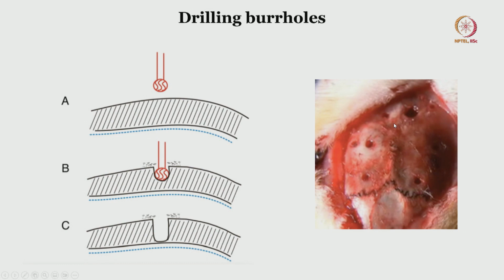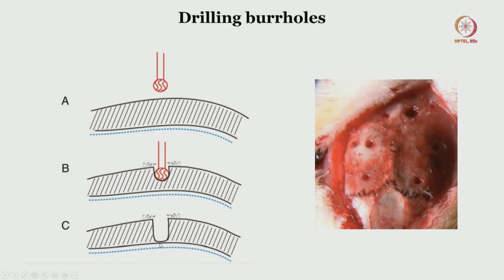So, here is an example of drilling burr holes, where you use a round bit of around 0.8 to 0.9 millimeter and go straight from the outer table to the inner table, and you need to recognize when you have reached the dura, by the giveaway sensation with the tactile feedback.